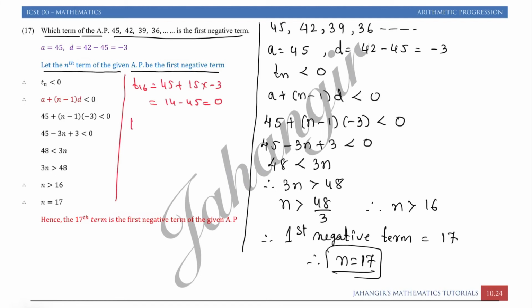But if you take T17, that is 45 plus 16 into minus 3, as 17 minus 1 is 16, 45 minus 48 is equal to minus 3. So you get, see, the 17th term is minus 3, which is the first negative term, and the 16th term is 0. This verification is for your satisfaction level. However, it's not a part of our sum.